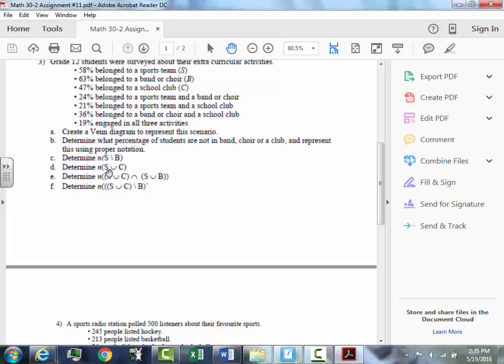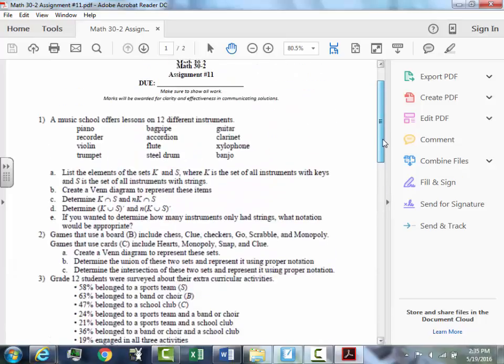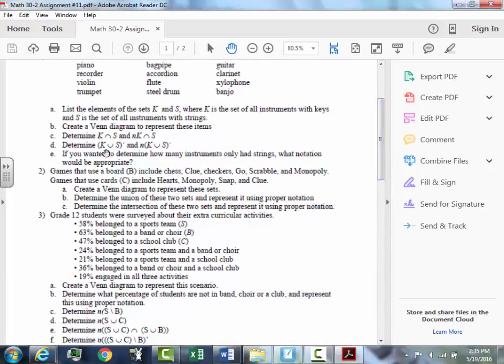If I ask you for N of S union C, that means find people who are in school sports or in a club. So most of what we have here is actually like a notation kind of issue. The first couple of questions are similar. We're going to find K union S prime or N of K union S prime.